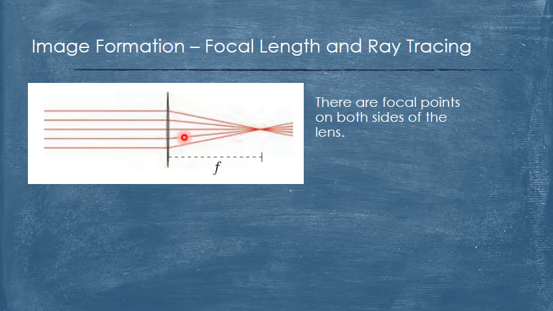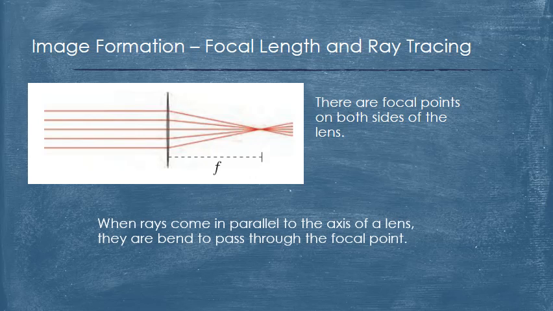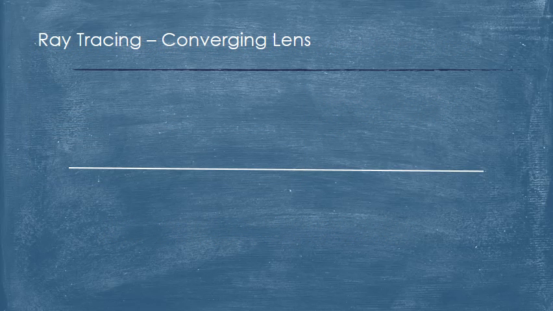And it's on both sides. There would be another one on this side if its curvature is the same on both sides. Alright, a diagram way of predicting where an image is going to be created is called ray tracing.